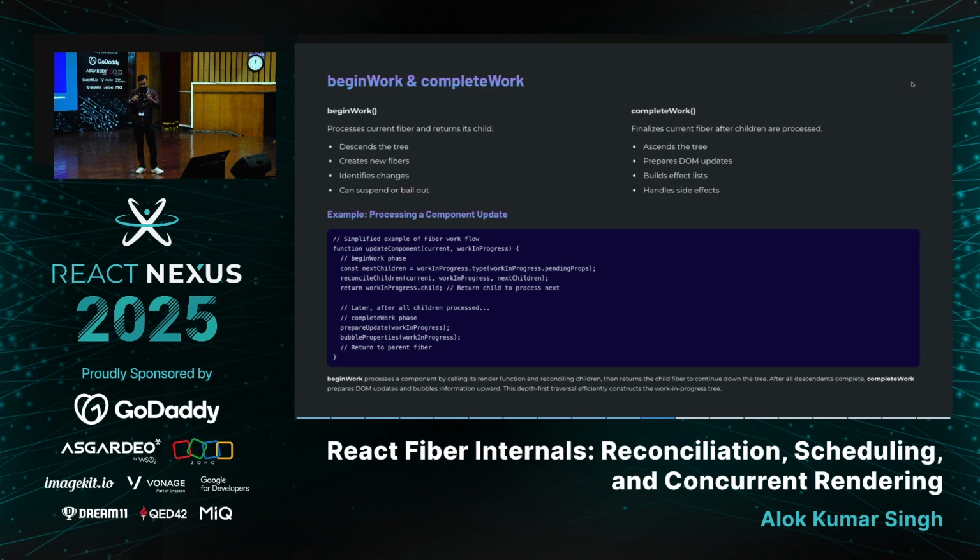So begin work will process your current node and call begin work again for a child till it is processed. So this begin work is responsible for collecting all your effects. It won't create your work in progress tree, whereas complete work will look into all the changes that are provided by begin work and create the updated node in the fiber tree, and at the end these two will collectively create a work in progress tree.